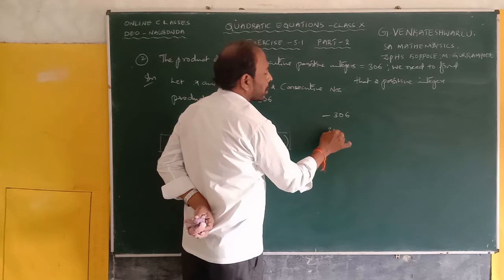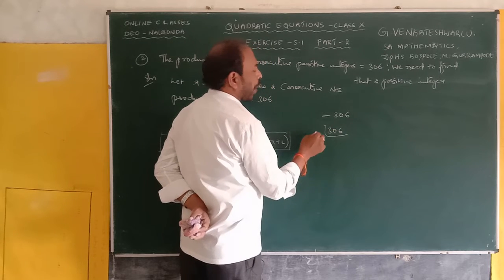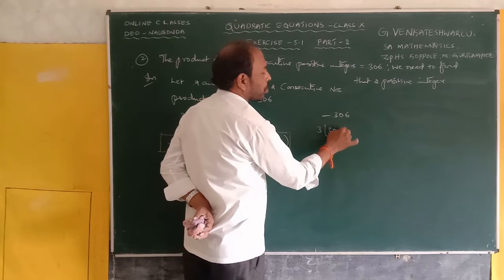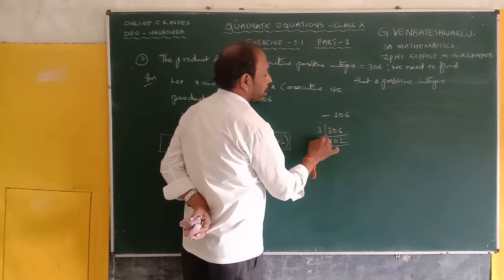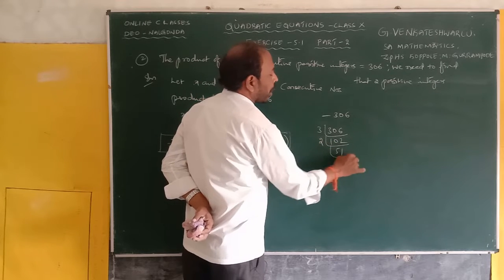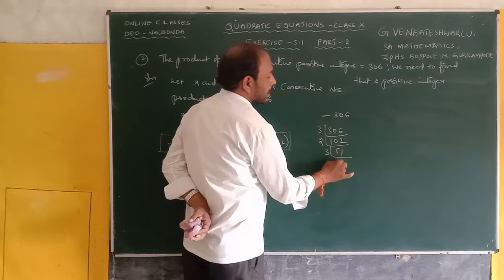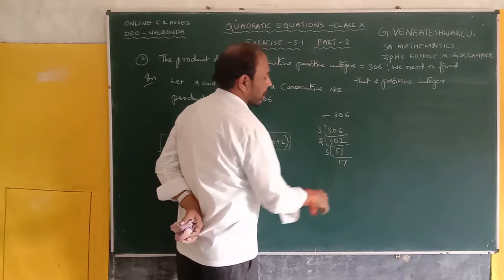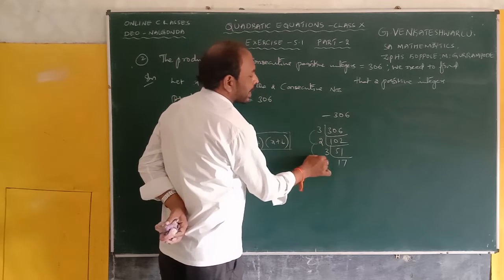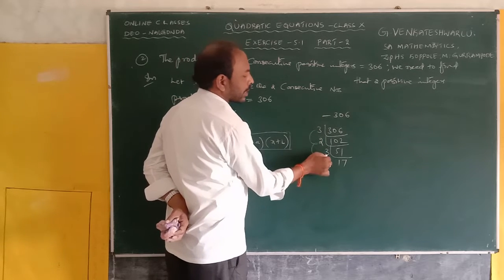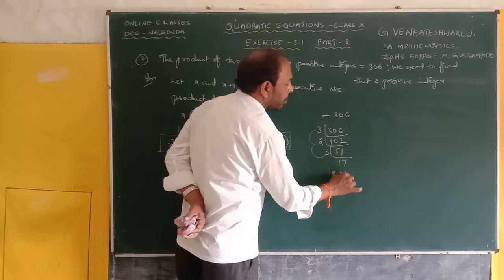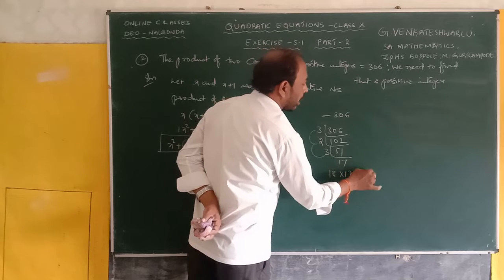Look here, 306 is written as a product of prime factors: 3 2s are 6, 6 3s are 18, 18 into 17 is equal to 306.